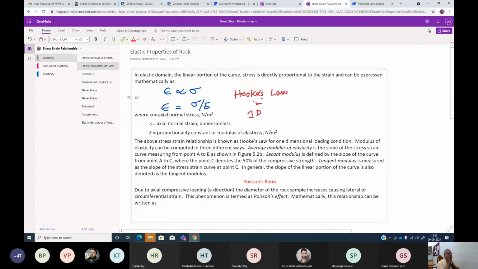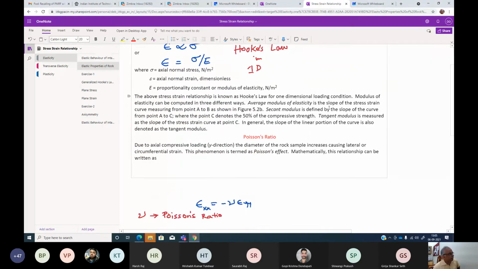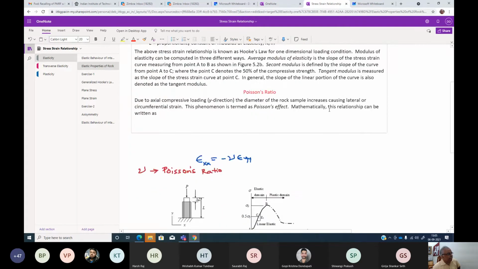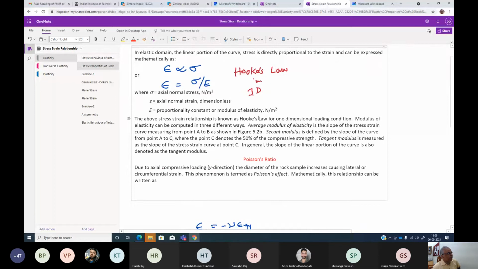So in the last week, I told you about Hooke's law in 1D, which you already know from your higher secondary class, or even in solid mechanics they will teach you. From there we told you about one elastic property which is called E, the modulus of elasticity.